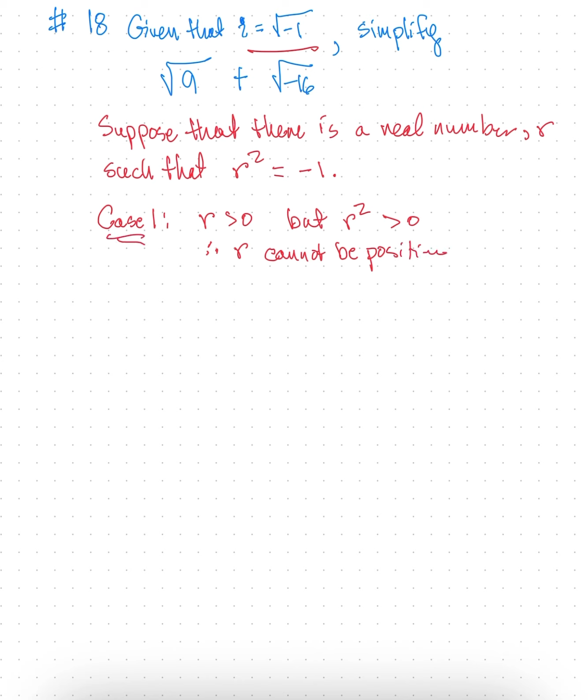Case two, let's suppose r is exactly equal to 0, but then r squared is equal to 0, and that wouldn't work either. And then let's take a look at case three, where r is less than 0.